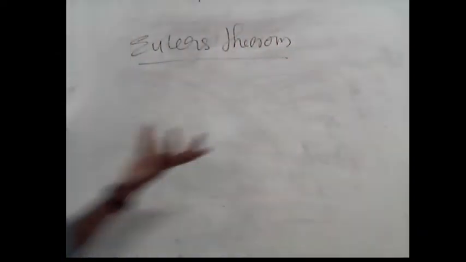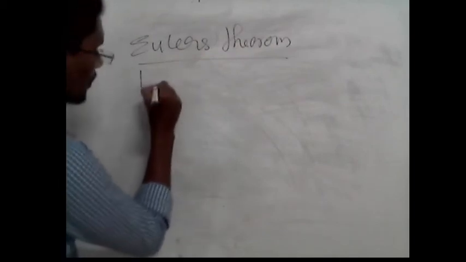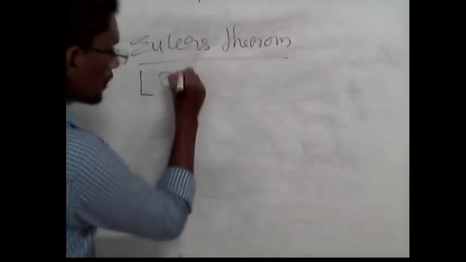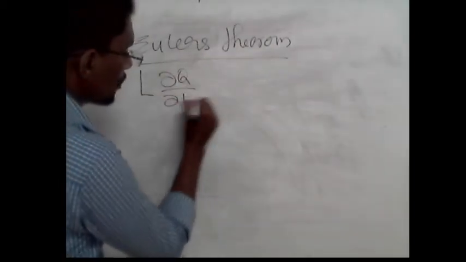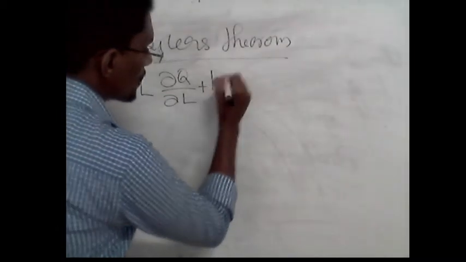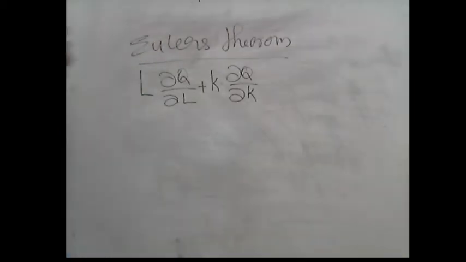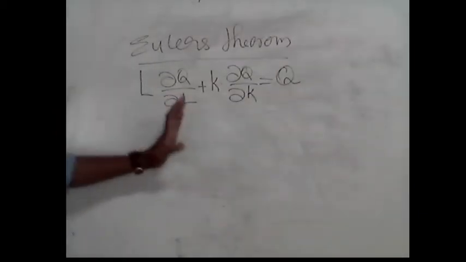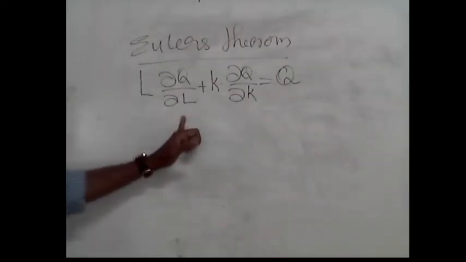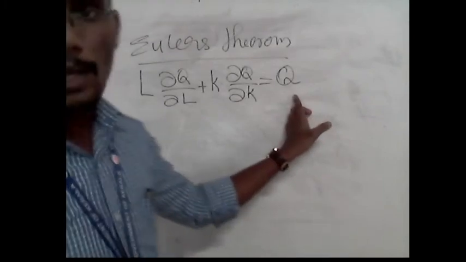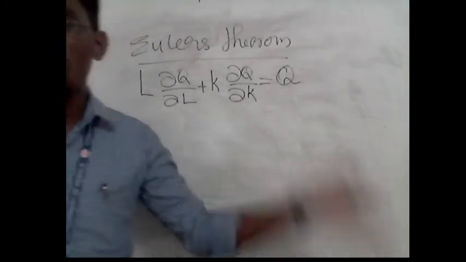This can be written as follows: the amount of labor times the marginal product of labor, dou Q by dou L, plus the amount of capital times dou Q by dou K, which represents the marginal product of capital, is equal to the level of output. The total output will be completely exhausted.